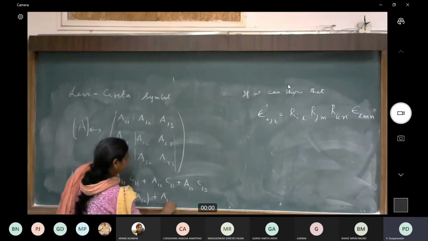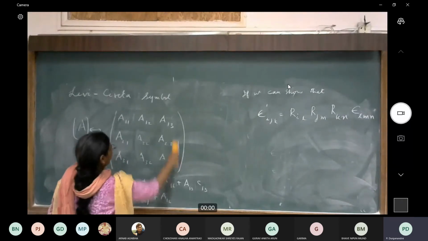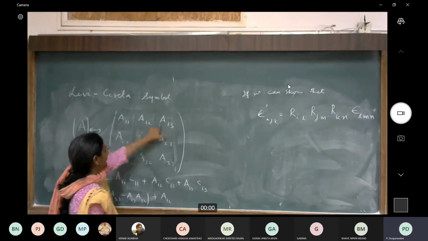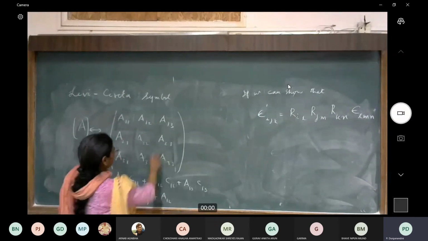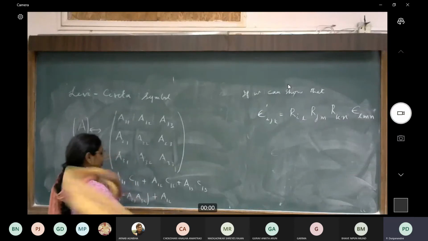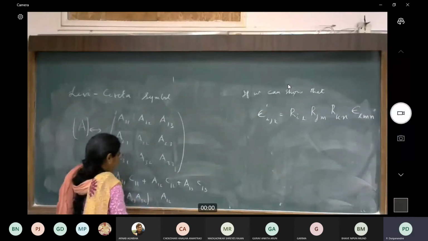Then I have A12, and now when I take the cofactor, I remove this row and this column. So I get the determinant of this. And you have to take the sign into account. So it's 1 plus 2, so I take a minus sign.